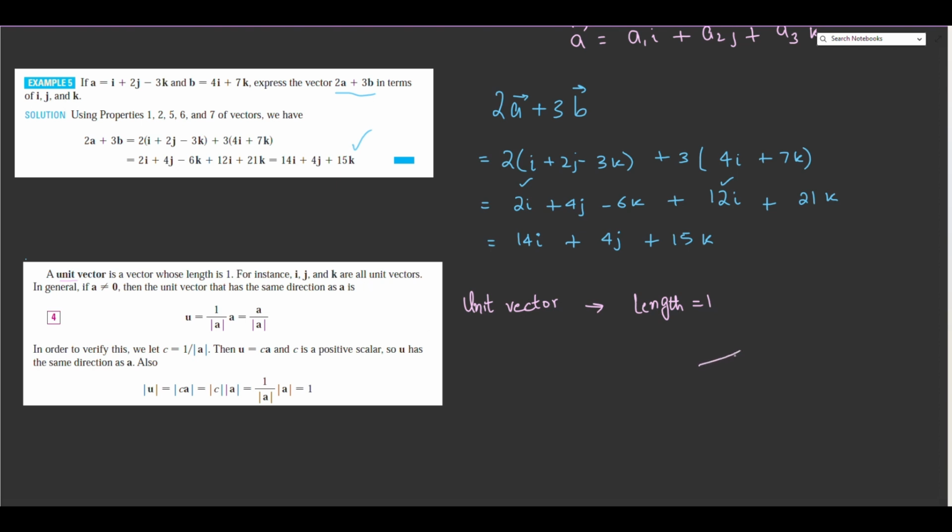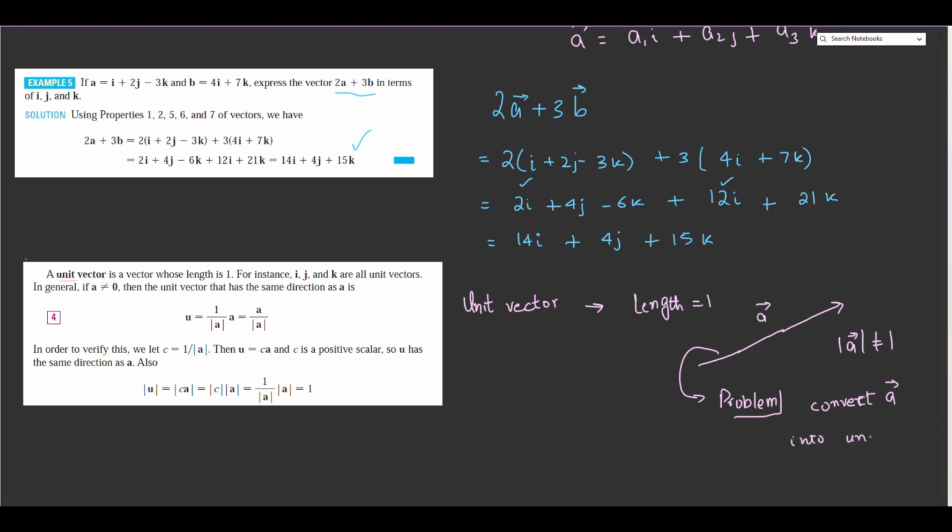Now what will be the problem here? We are given, let's say, a vector a, and suppose that its magnitude or its length is not equal to 1. Our first problem will be that we want to convert the vector a into a unit vector.